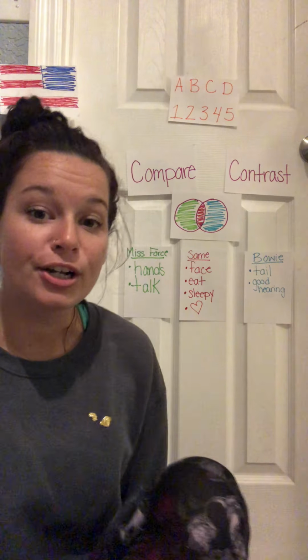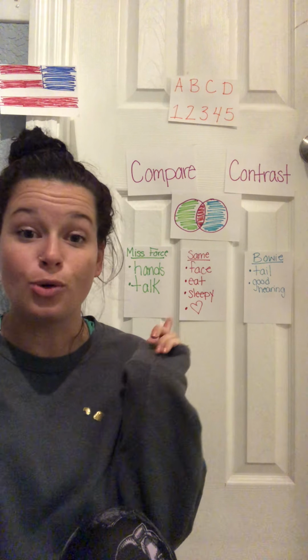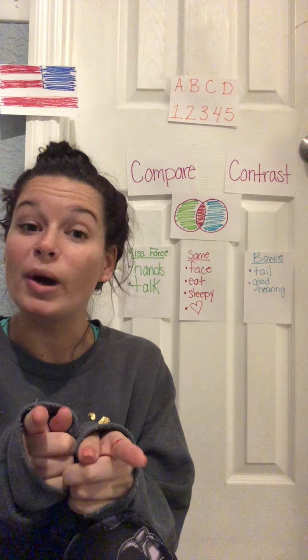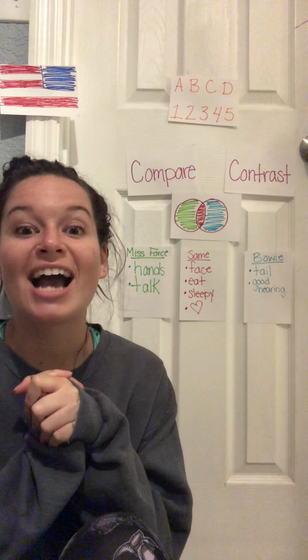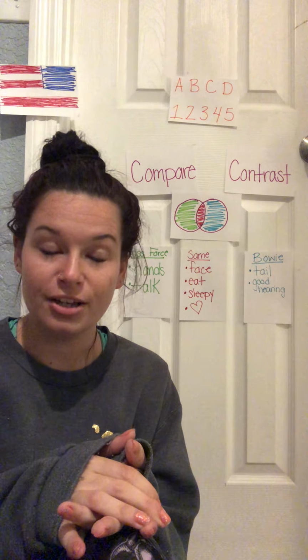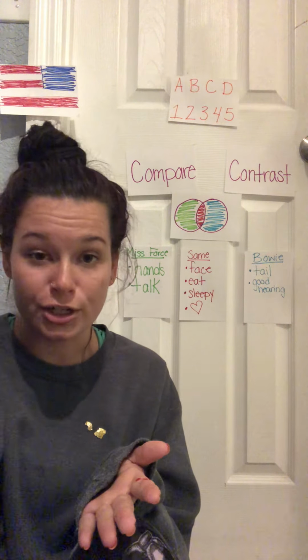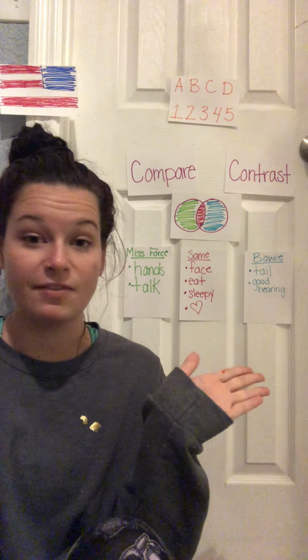So, what you're going to do for this activity, I want you to compare and contrast yourself with David from the No David books, because I know you guys love him and think he's so silly. I will upload the No David video for you to refresh your brain if you need it. If you don't need it and you remember David, that's fine. You don't need to watch it.